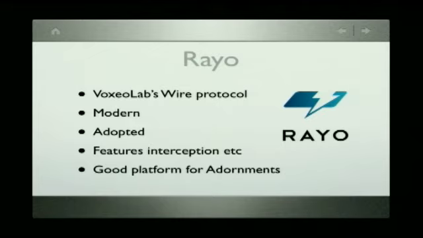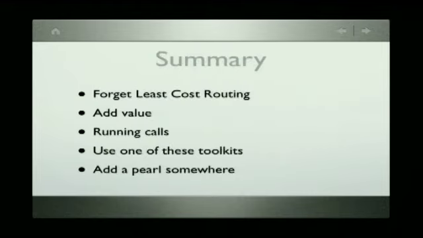It's being adopted by Telefonica, and other telcos are interested in it, but it also scales right down to a small Asterisk instance or a small instance running whatever. It doesn't matter. In principle, given that it's just a protocol, you could run it on whatever you wanted. It features things like interception, so you can take events and intercept them and do stuff with them, which again makes it a really good platform for adornment.